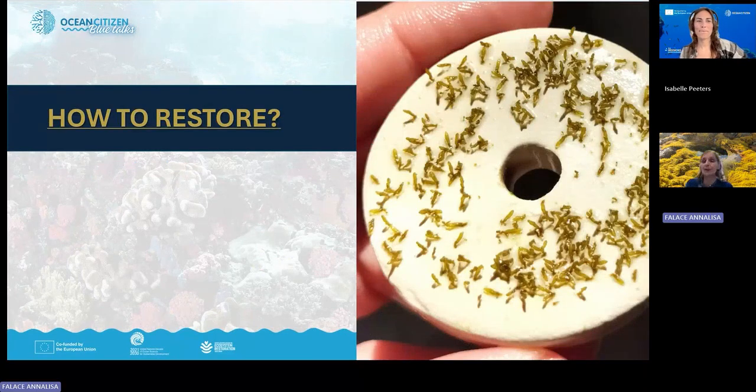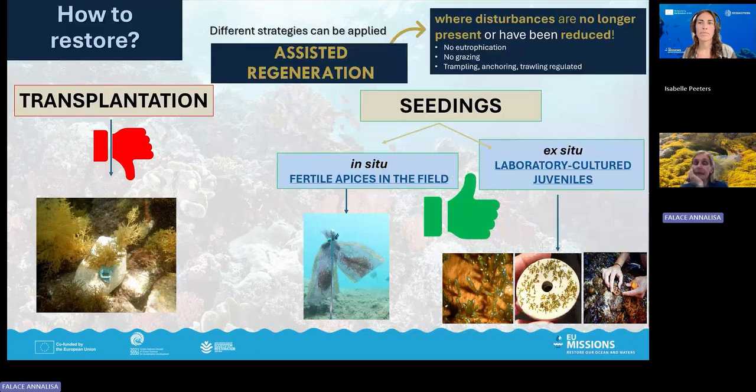But how to restore macroalgal forests? Well, there are different strategies. For sure, we must not restore where the disturbances are still present or have not been reduced. Otherwise, you restore and they disappear again. So areas without eutrophication, without grazing, with regulated trawling, etc.